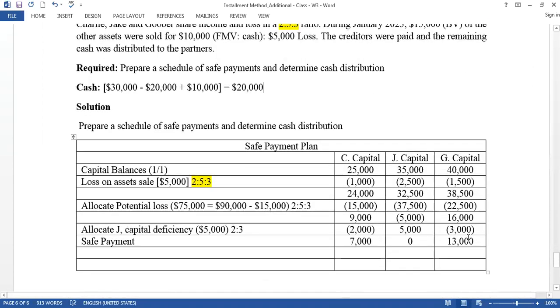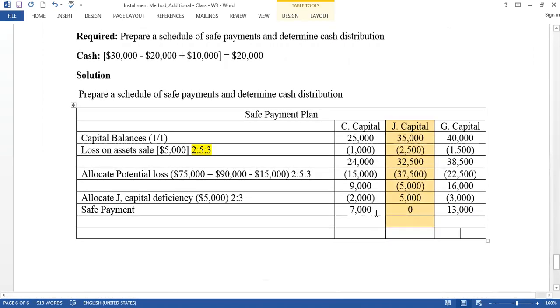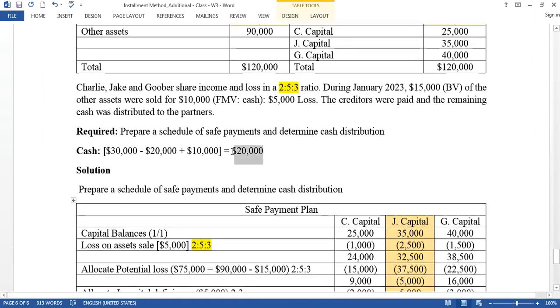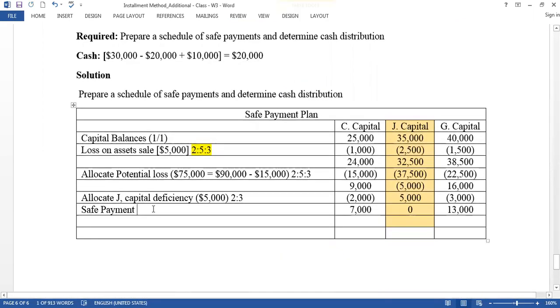So J is not going to receive any cash. Why? Insolvent, right? And C, observing the capital deficiency, needs 7,000, and G needs 13,000. So our safe payment is also 20,000. So safe payment 20,000, we are going to pay this like this.